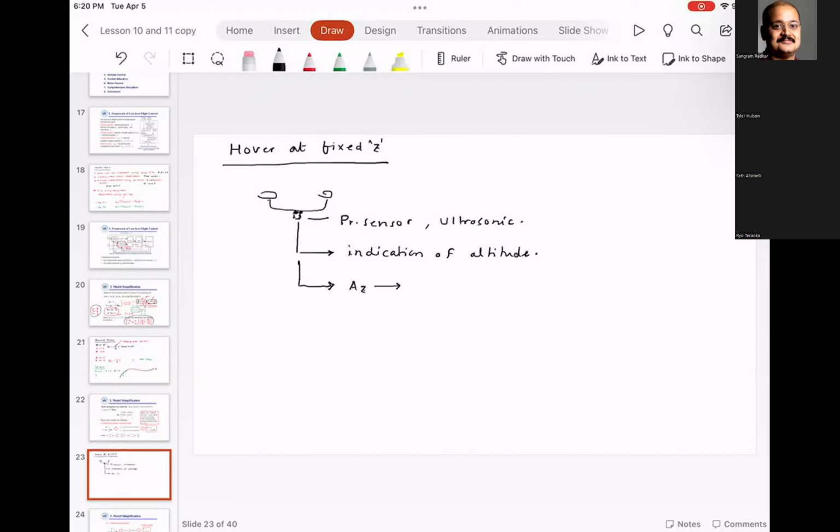However, please try to understand the acceleration in the Z direction is very, very noisy. So if you decide to integrate the acceleration, the estimate that you are going to get on the altitude is going to be super noisy. So you can't trust the acceleration in Z direction.